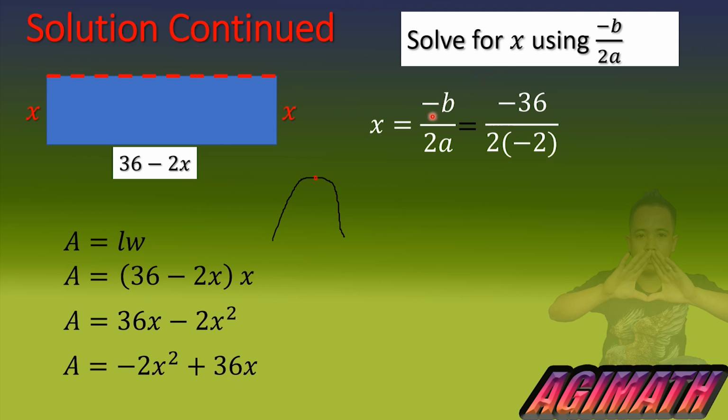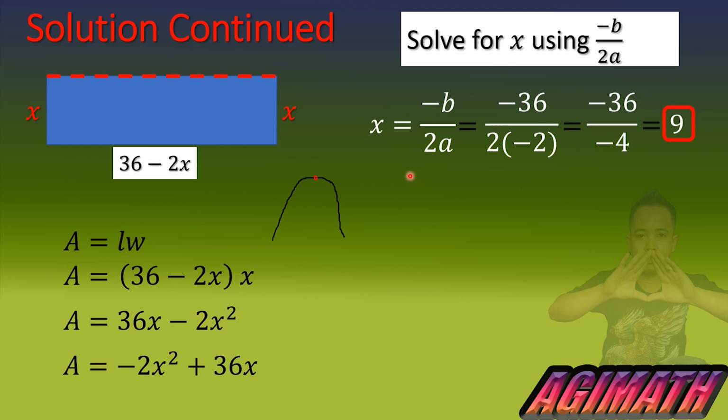That's why we have negative times 36, because that's the formula. Then a is equal to negative 2. That's why you have 2 times negative 2, which is equal to 36 over negative 4, and that is equal to positive 9. So we have x is equal to positive 9.